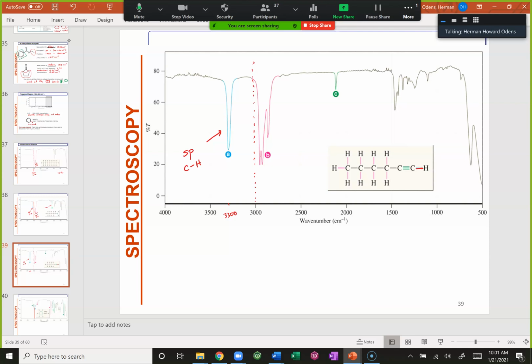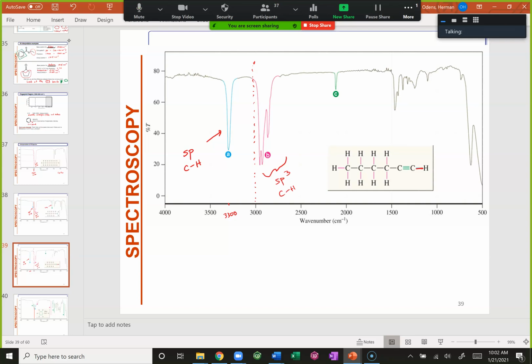I don't see anything on the left side, so I don't have sp2 CH character, but all of these represent sp3. Wait, I have a little delay here, hold on, what's happening? Oh, there you go. Sometimes Zoom slows down my computer. So I have sp3 CH character there.